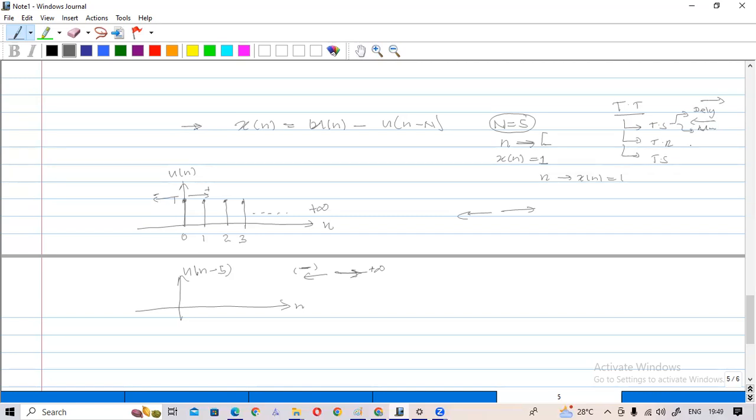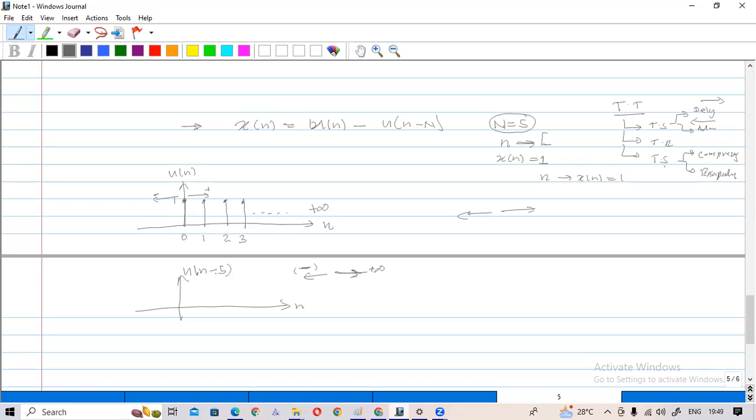In time reversal, you get the image of the signal through the y-axis. In time scaling again you have two parts: sometimes the signal is compressing, sometimes expanding. So in time scaling there can be expansion or compression, and in time shifting there can be a delay or advance.